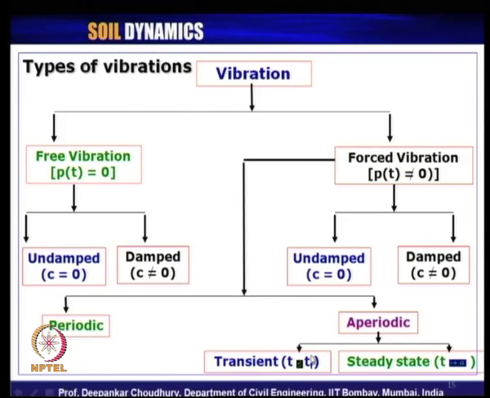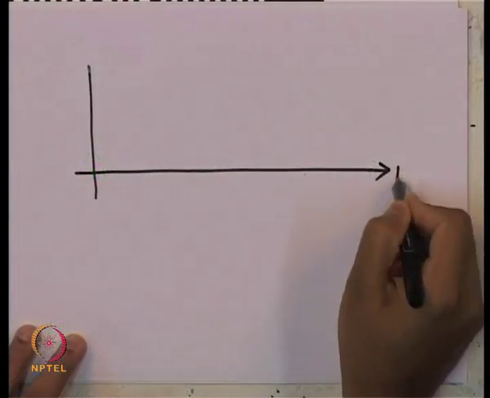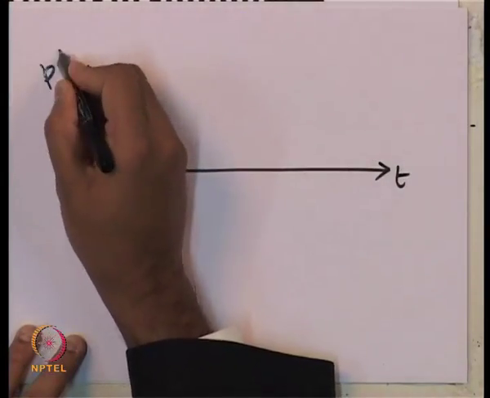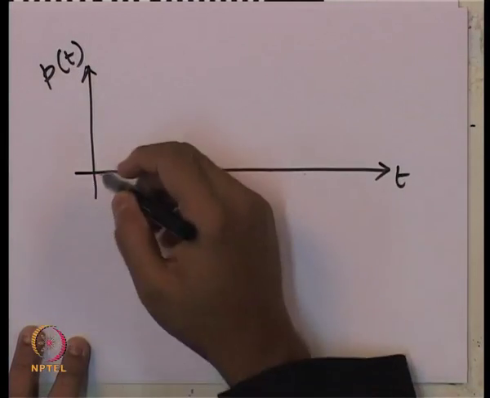What is transient type aperiodic forced vibration? When this externally applied dynamic load, that is P of t, with variation with respect to t, is aperiodic in nature.